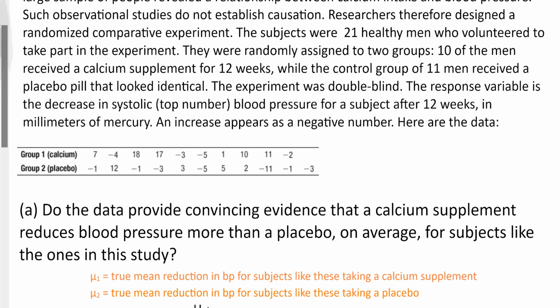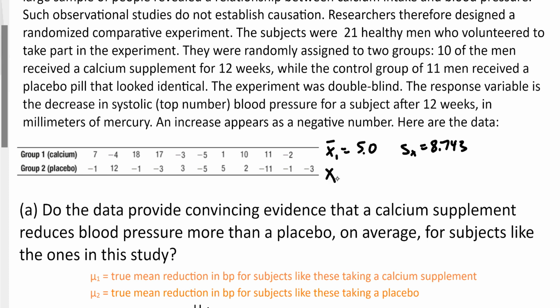All right, some things I want to note for this. Hopefully you got at least this one worked through and tried. You have the data. You have to use one-variable stats, whatever you want to do, to find your mean and standard deviation to see the difference in the blood pressure levels. What's the change? So group 1, if you found the average, that's the calcium group, you should have gotten 5.0 with a standard deviation of 8.743.